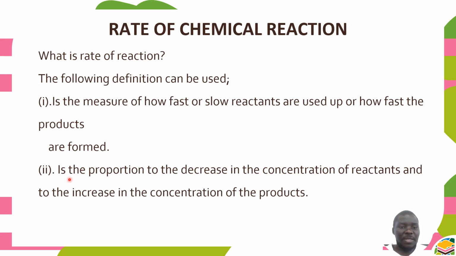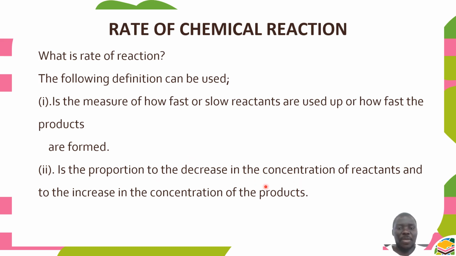It can also be defined in this way. It is the proportion of the decrease in concentration of the reactants to the increase of concentration of the product. Before we go to another definition, let me explain this definition properly. If you are reacting liquids, liquids have different concentrations. The definition is saying that it's proportional to the decrease of the concentration of the reactants.